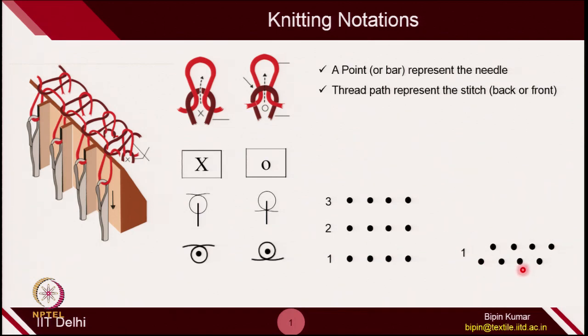You have the front bed, which is shown in the bottom row of the needles, and this is the back bed, which is represented on the top side, and these needles are laterally displaced because we are going to create a rib structure. So, this is how you represent the needle arrangement in double bed machines, and double bed machines can be V-bed, or it could be interlock.